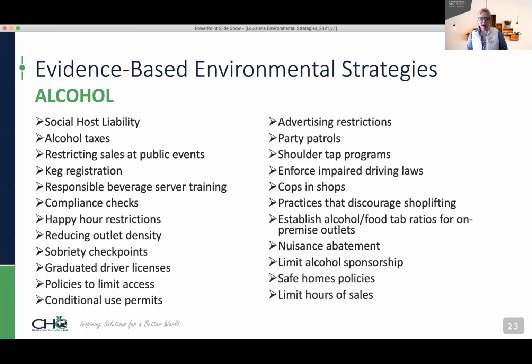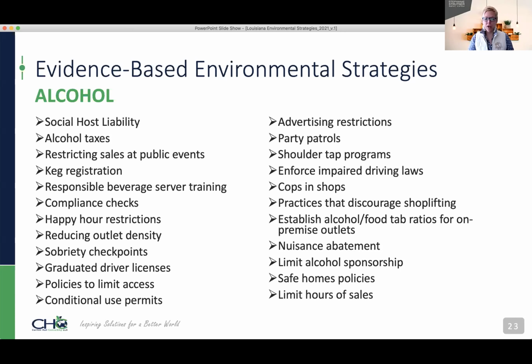Policies to limit access to alcohol or conditional use permits. There are a lot of regulations that community entities can be engaged in for those conditional use permits, so those special permits for festivals in the community. Advertising restrictions, party patrols, shoulder tap programs, enforcing impaired driving laws, cops in shops, practices that discourage shoplifting. We mentioned that earlier.